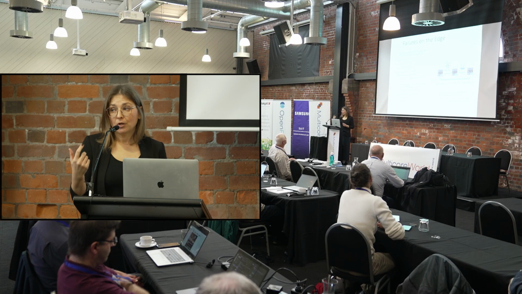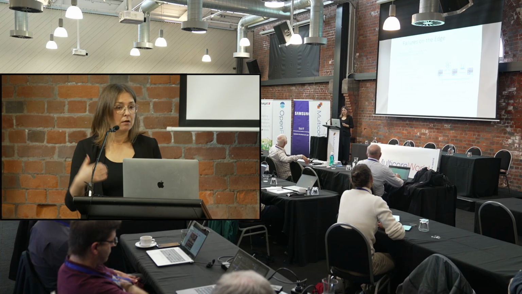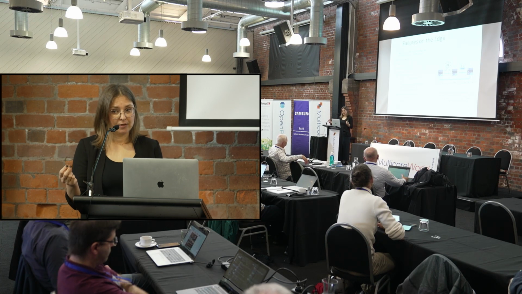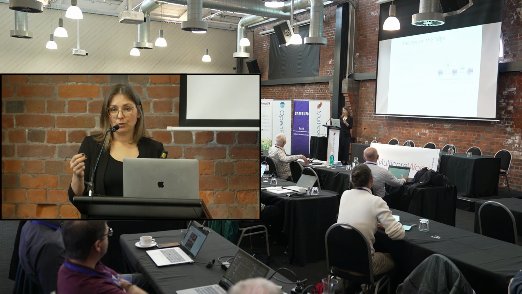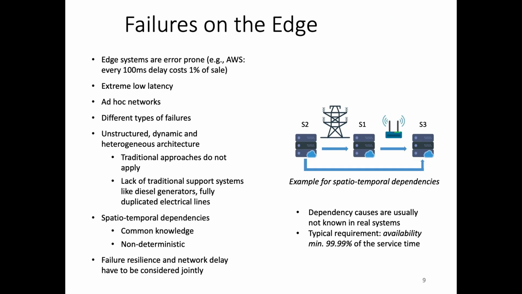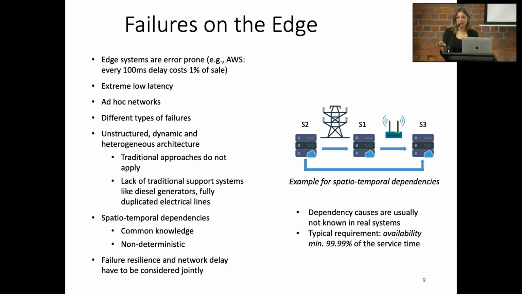Fault tolerance mechanisms that we know, like retry or checkpointing, simply don't work in edge computing because of the super low latency, and we lack traditional support. We don't have fully duplicated electrical lines. We don't have diesel generators. So we have to devise new fault tolerance strategies, plus we have new types of failures that appear just in this type of system, or very frequently in this type of system.